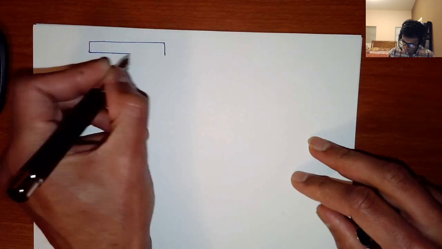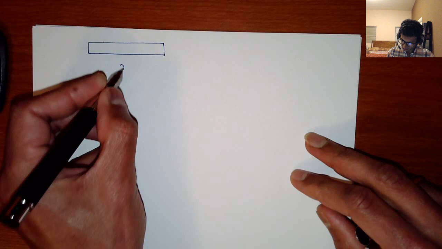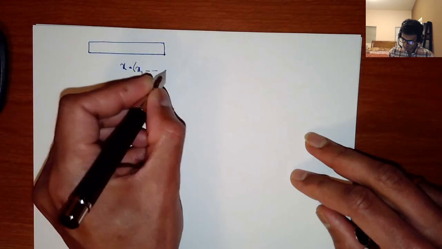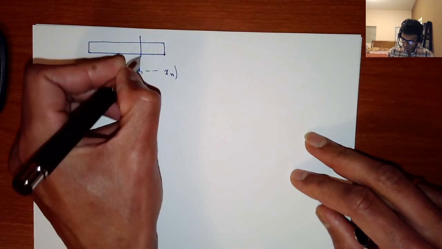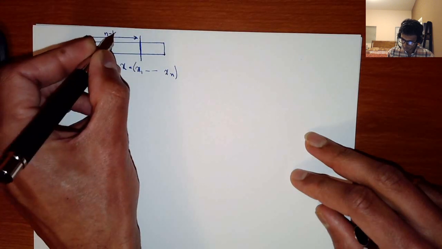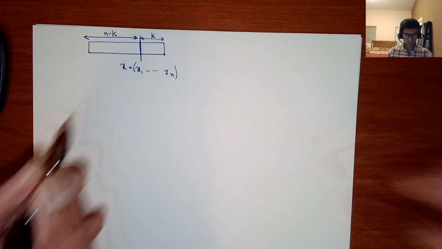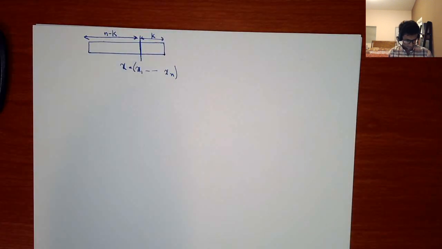Here's how we're going to think about it. I'm going to draw x, the input, which is x1 to xn. I'm going to think of the initial n minus k bits and the last k bits. And k is going to be really small here.